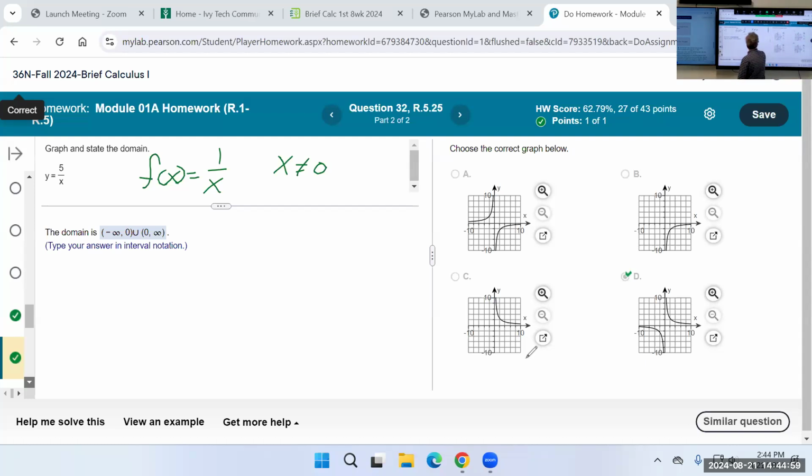So what would that interval be? So if I just skip 0, from negative infinity to 0, 0 to positive infinity are the two intervals I need to include.